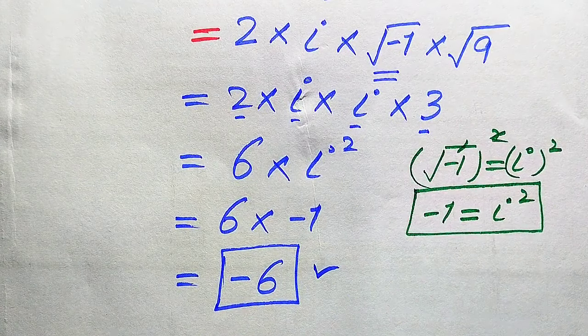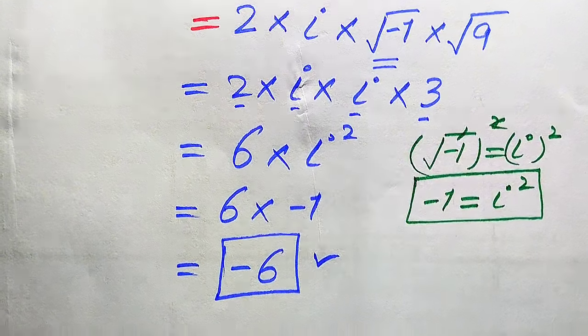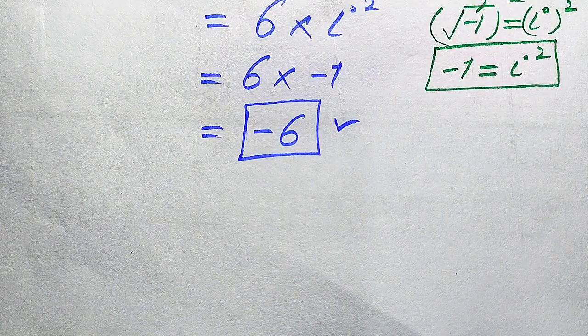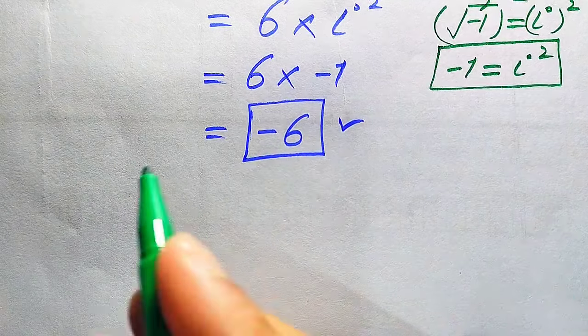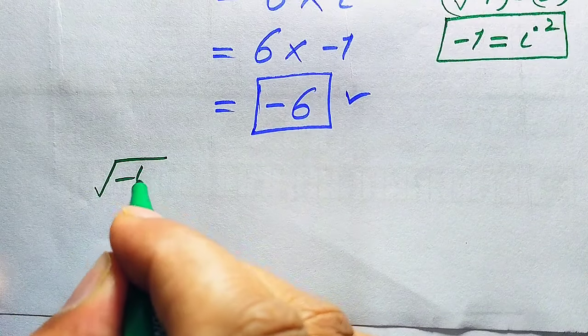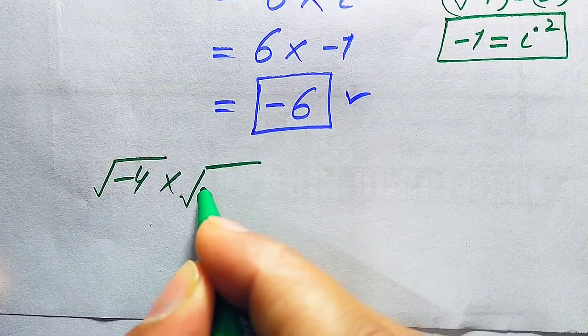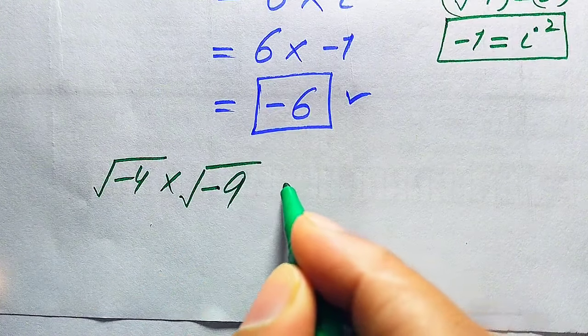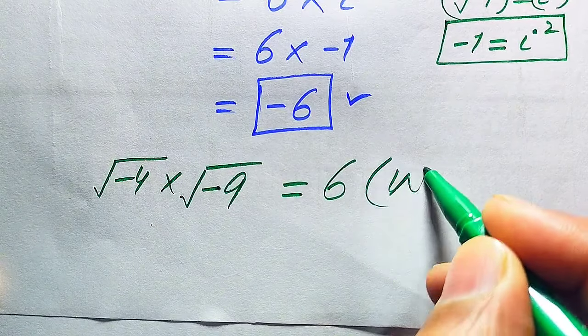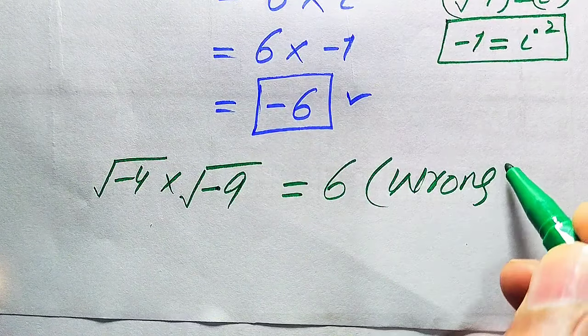So this is our final answer to this question. The conclusion of the solution of this problem is that if we have the square root of minus 4 multiplied by the square root of minus 9, and you write its answer as plus 6, this is the wrong or incorrect answer.